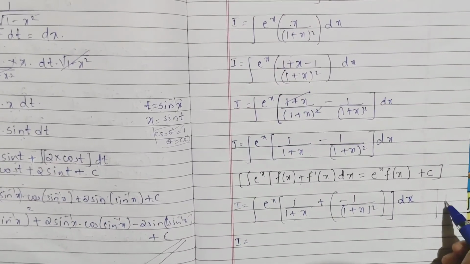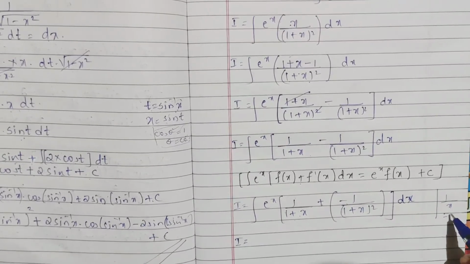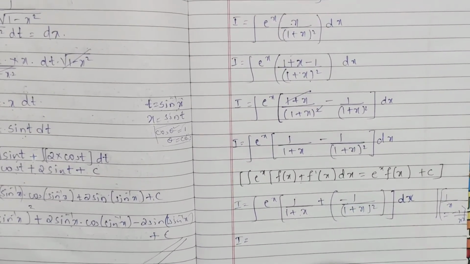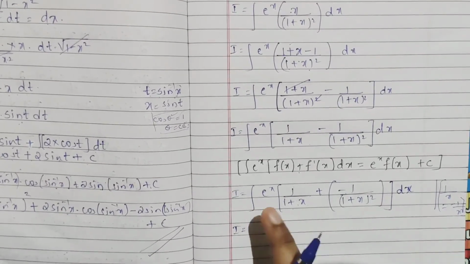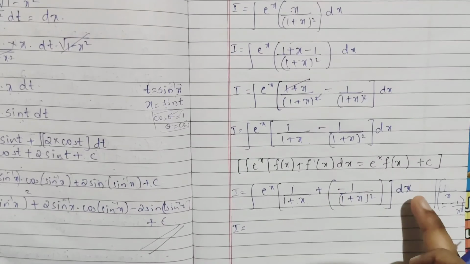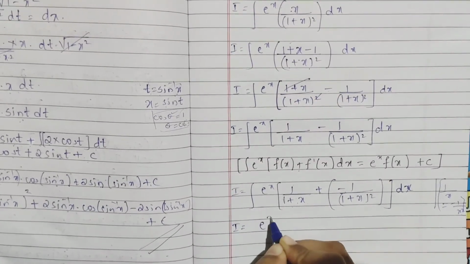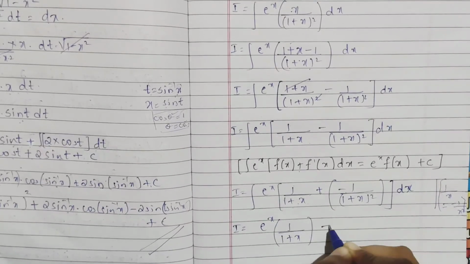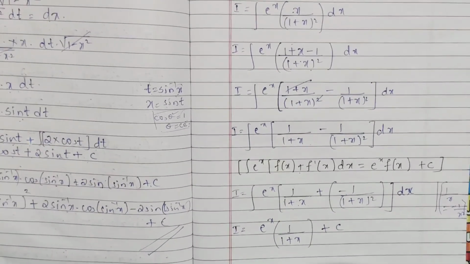Differentiation of 1 by x is minus 1 by x square. So you have to make it in this form. Now you can see you are getting the same e to the power x f of x plus f dash of x dx. You can take directly as e to the power x f of x plus c. So this will be your final answer.